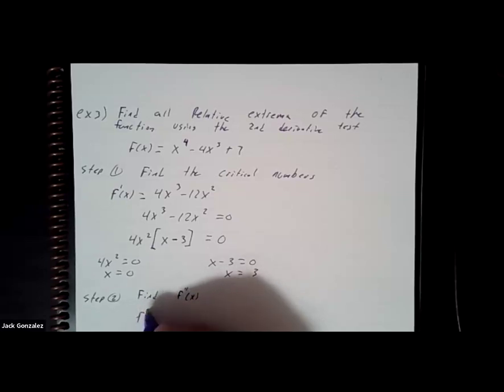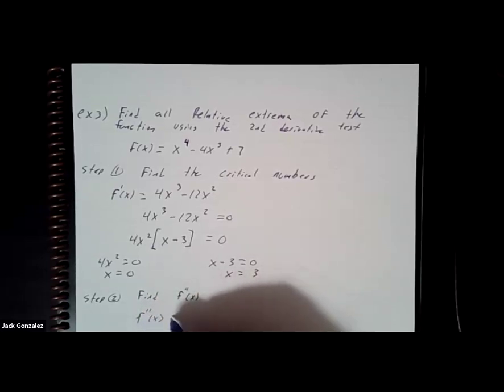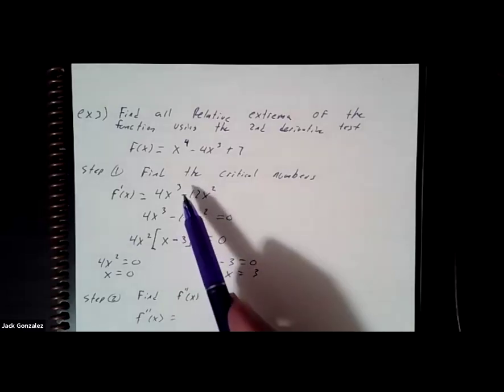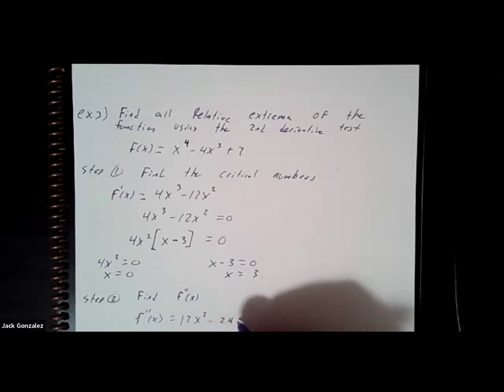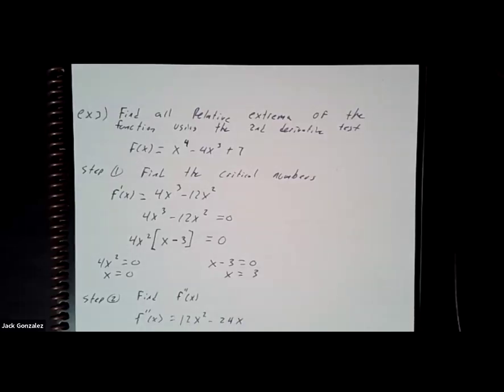The second derivative will be 12x squared minus 24x, right? That's okay. Participation means a lot to me, so it matters to me.